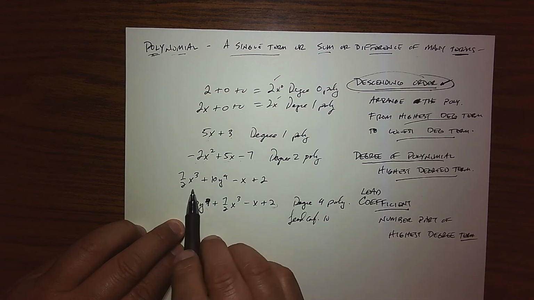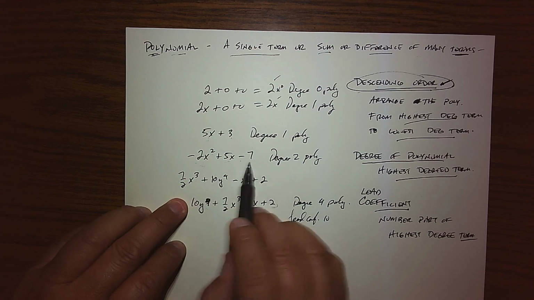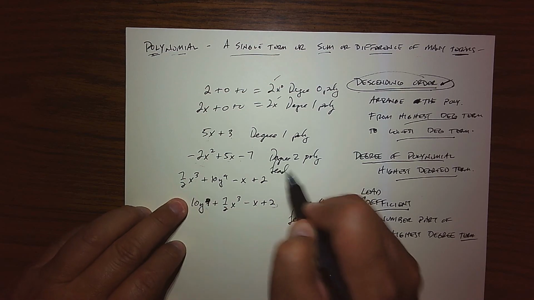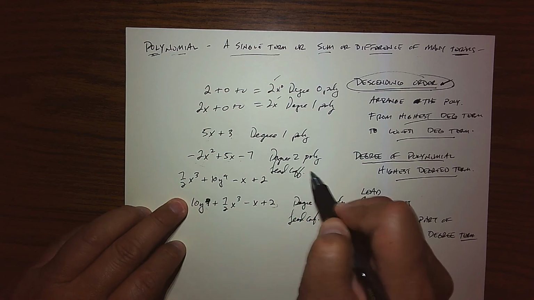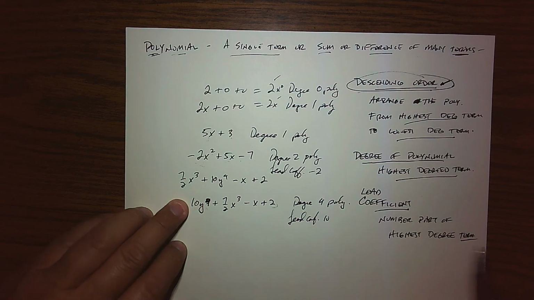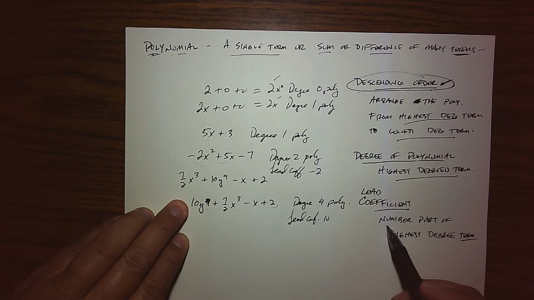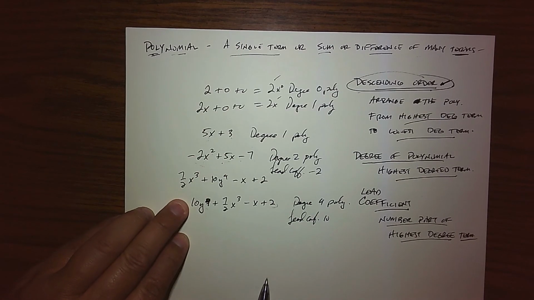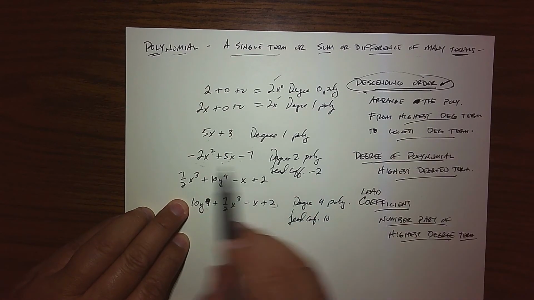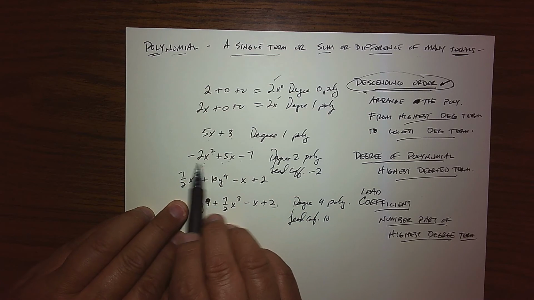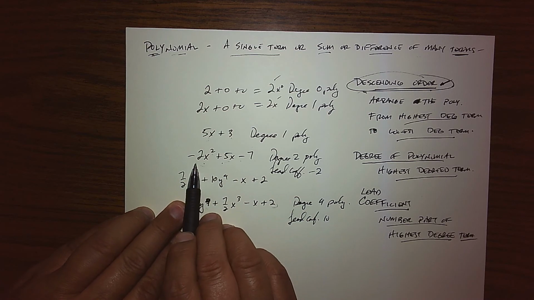Here, oops, this is not descending order. Right here, the lead coefficient would be -2. Not 5. We're not talking about the highest coefficient. We're talking about the number part of the highest degree term. So if I'm in descending order, there's the highest degree term, so the leading coefficient is sitting right out here in front. The number part of the highest degree term.